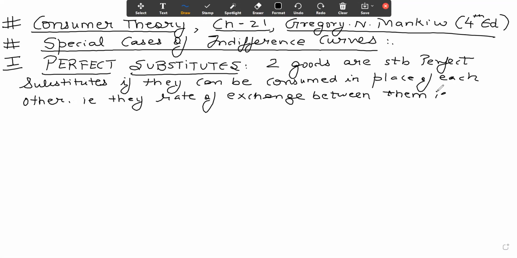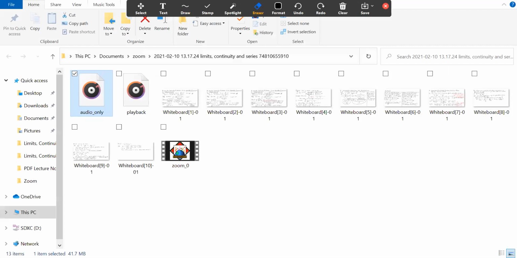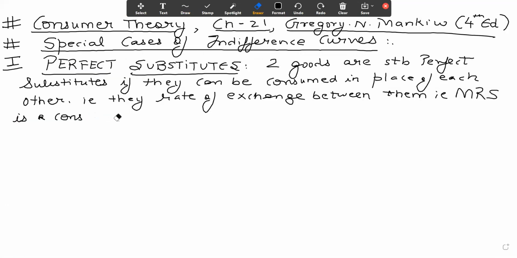The rate of exchange is nothing but the MRS, the marginal rate of substitution, which is constant. So we say that 2 goods will be called perfect substitutes of each other if the consumer trades one good for the other at a constant rate, or the MRS between both the goods is constant.